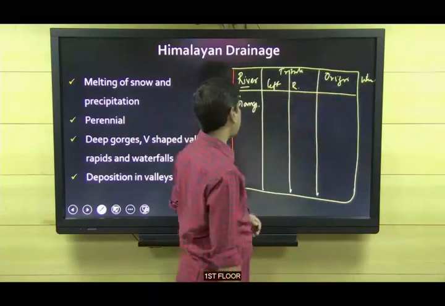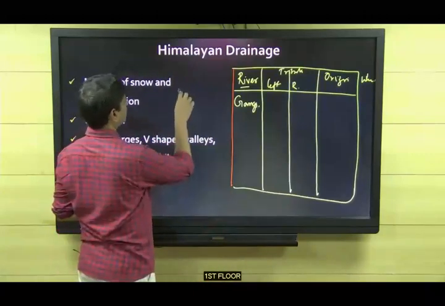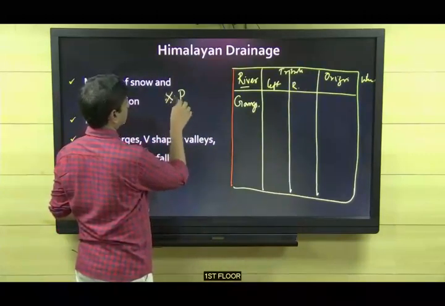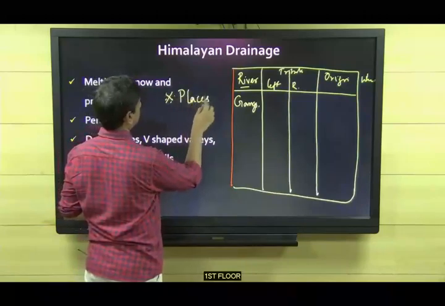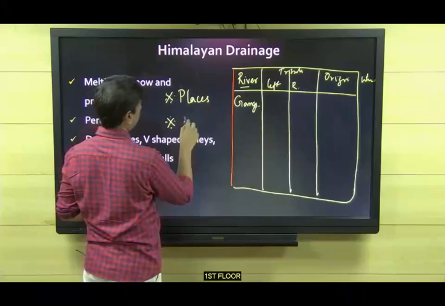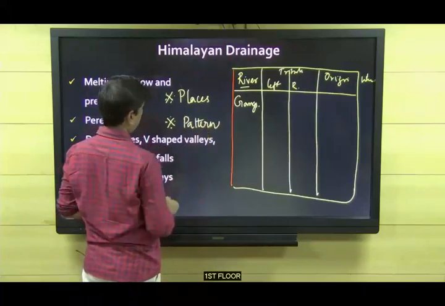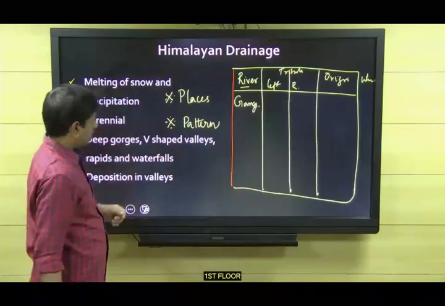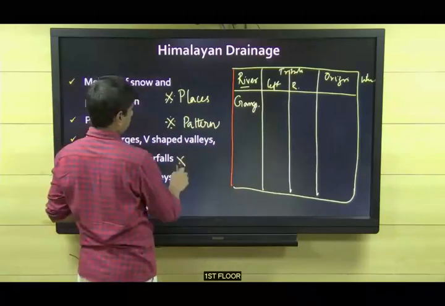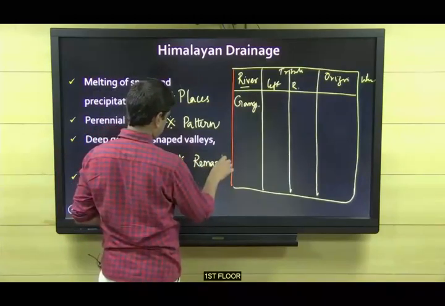The columns can have other headings like important places, and the drainage pattern. What is the pattern usually seen? Then any other remarks or important points regarding that particular river.